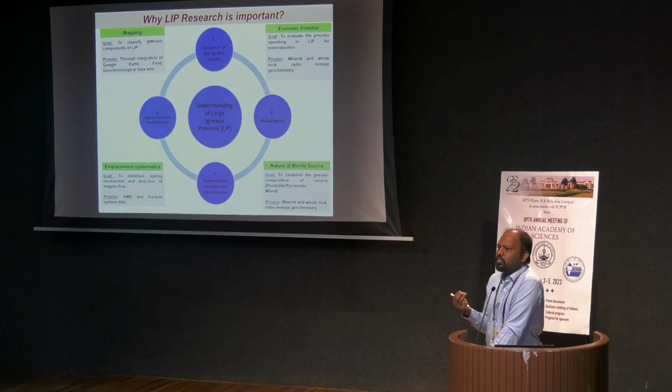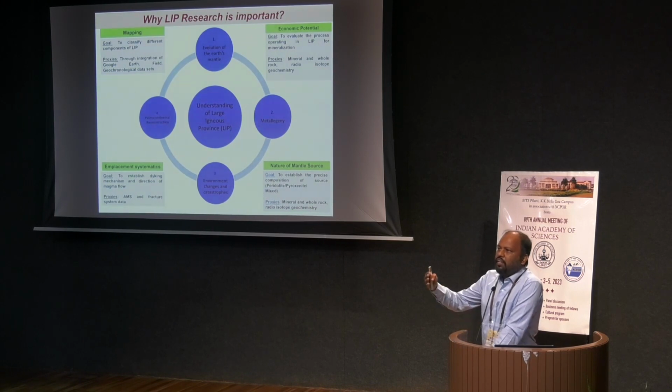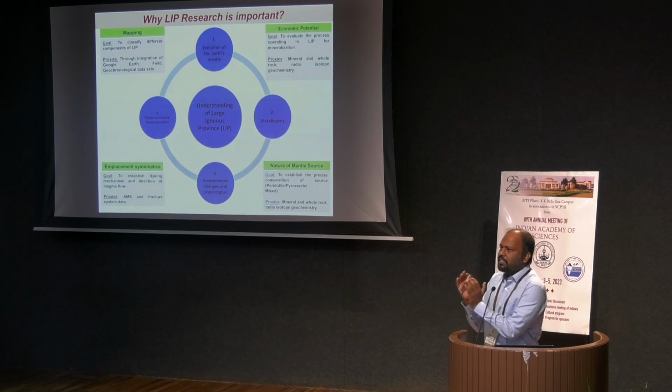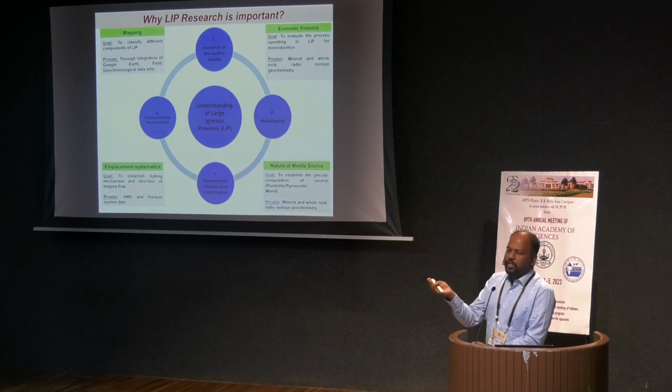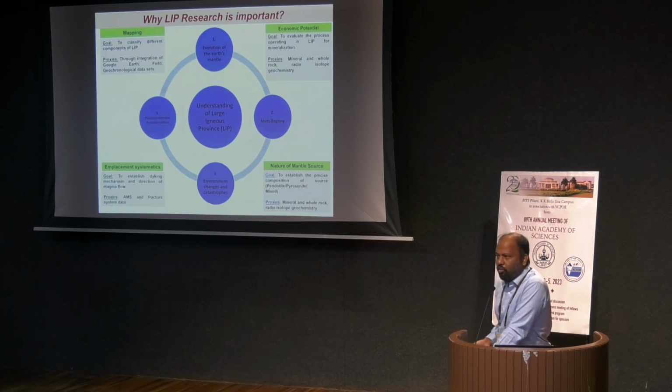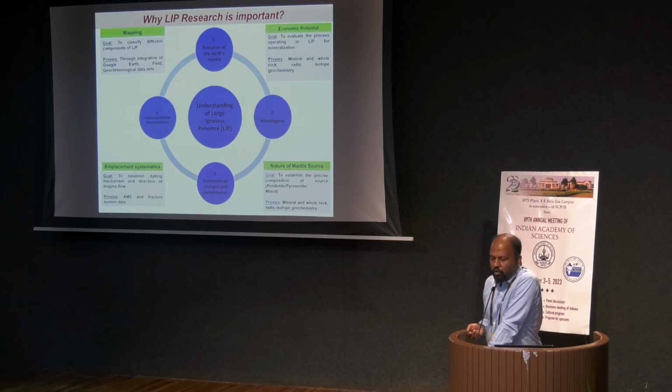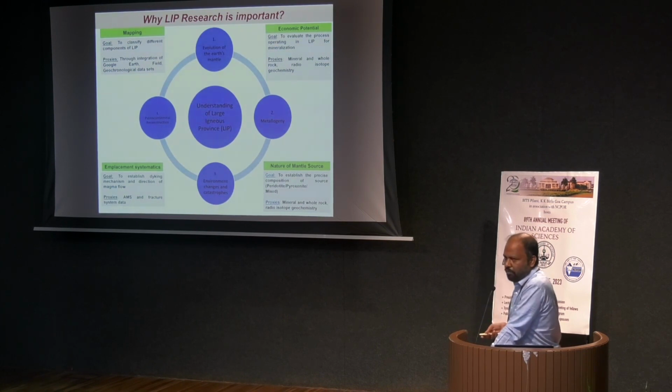So by studying the synchronous or contemporaneous magmatic activity in different provinces worldwide, we can define which cratons or which continents were neighbors during the geological time. So paleocontinental reconstruction is one of the important parameters that we define by studying LIPs.